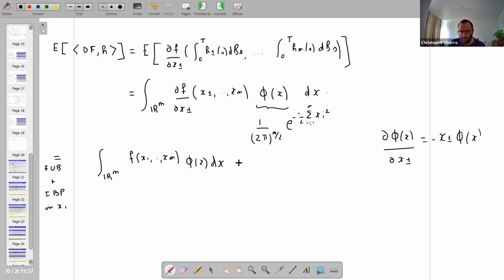So I have a double minus, so I have a plus: the integral over R to the power n of f of x1, ..., xn times x1 phi of x dx.